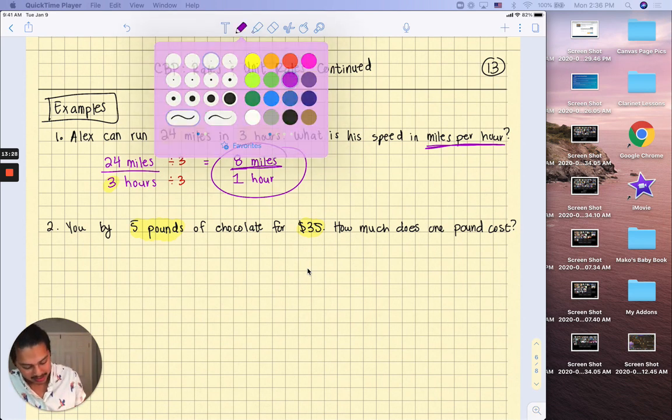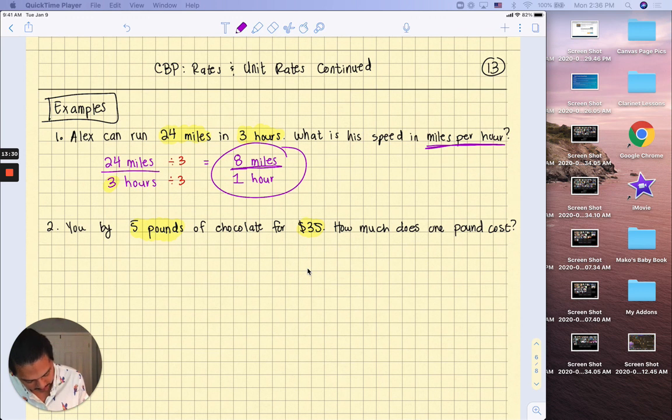So let me write it like this. So here's my fraction bar. 5 pounds is going to go in the denominator, and $35 is going to go in the numerator. And remember, this is because I need to change this 5 pounds into 1 pound, right? And remember, when we're writing unit rates, the 1 is going to be in the denominator. So in this case, I need to put pounds in the denominator here.